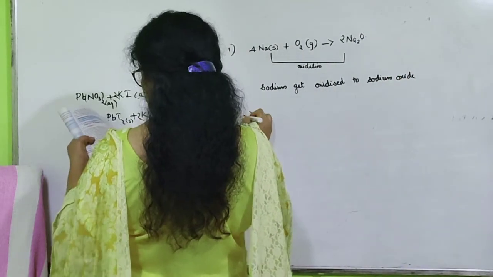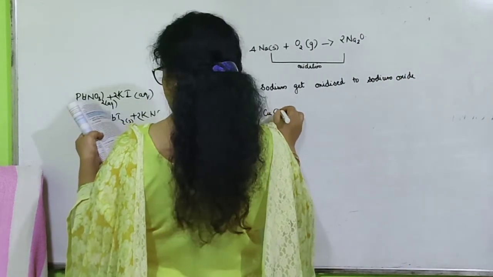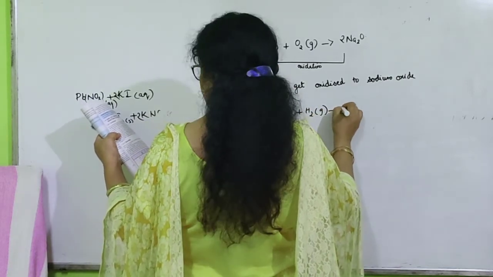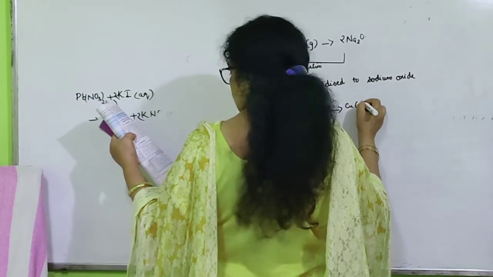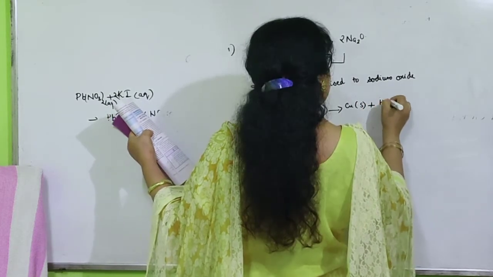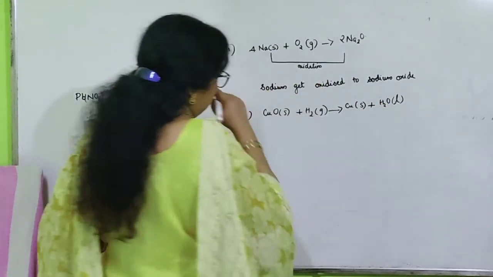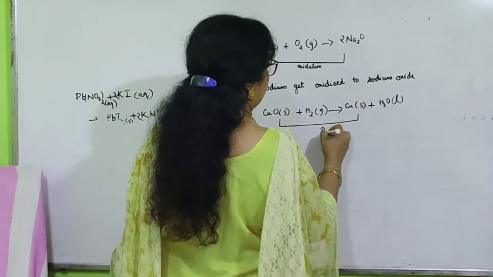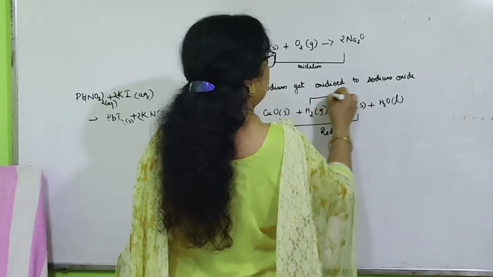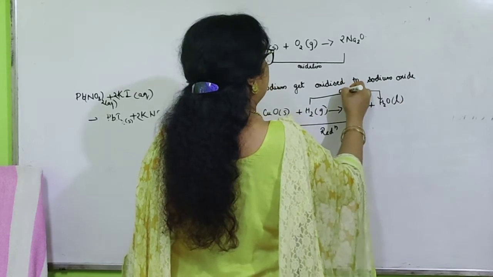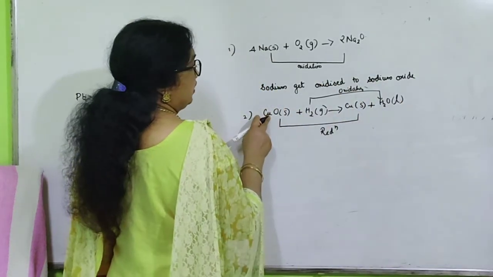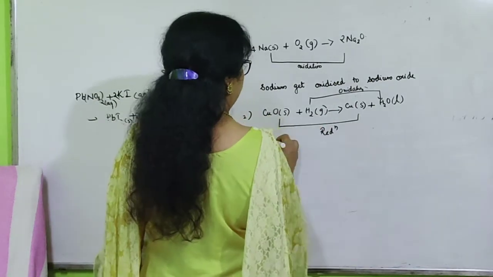In the second reaction, CuO solid plus H2 gives Cu solid plus H2O liquid. This one I had explained already. Copper oxide to copper, so this is a reduction reaction, and hydrogen, that is oxidation. So here copper oxide gets reduced.